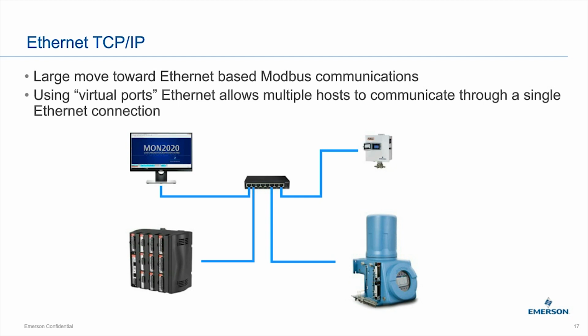So you can talk to the GC, diagnose it over the same Ethernet link without worrying about the connections to the flow computers or the SCADA system or the DCS system. So that's a really big advantage of using Ethernet TCP/IP.